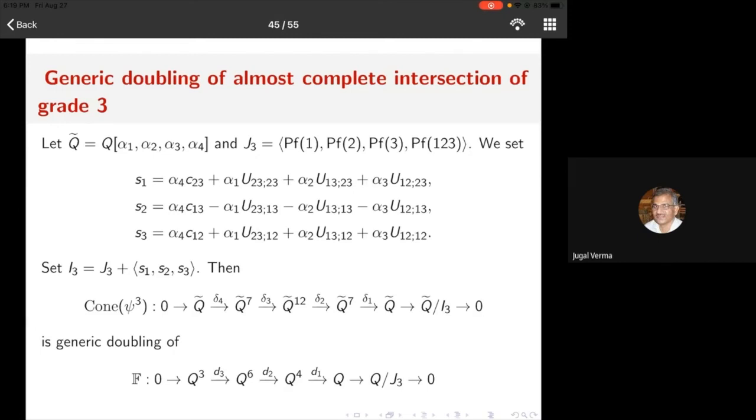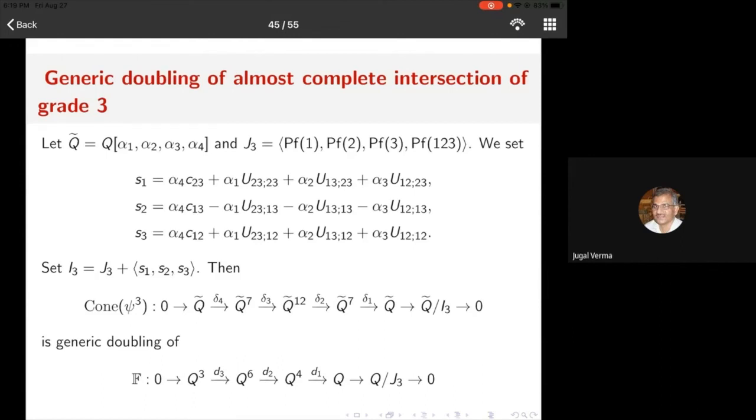As a construction of this, the doubling construction with respect to the injective map, we have a resolution which is of the form 1, 7, 12, 7, 1, which is generic doubling of 1, 4, 6, 3. We have shown that the deformation of this I3 ideal gives the resolution which we have seen already in the construction of Kustin-Miller unprojection.